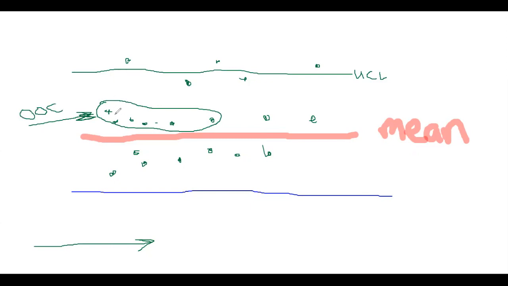We also call this situation here an assignable cause, meaning we need to assign a cause to why this happened. We also would call this one here out of control and an assignable cause too. Anything outside of the UCL. And watch this.